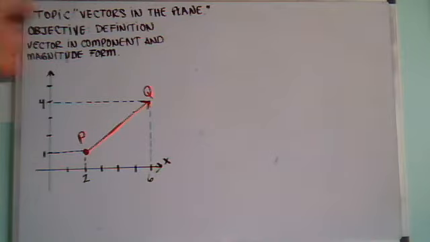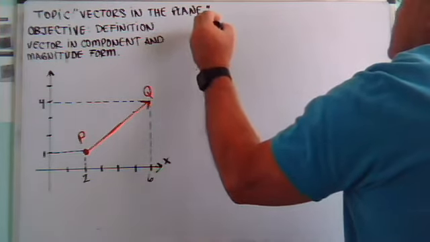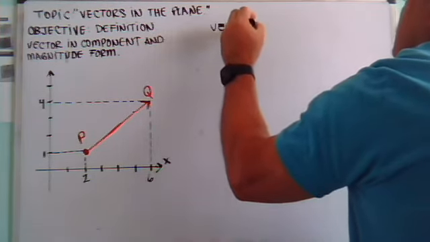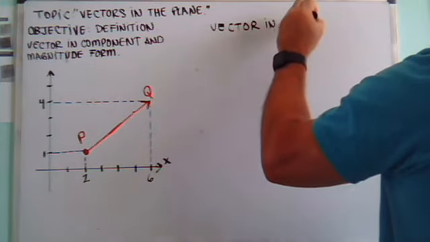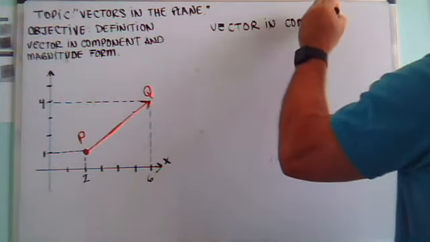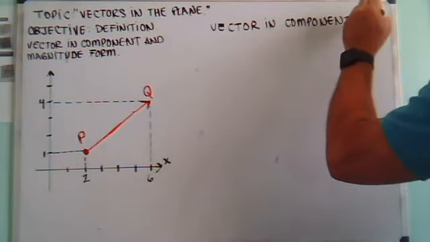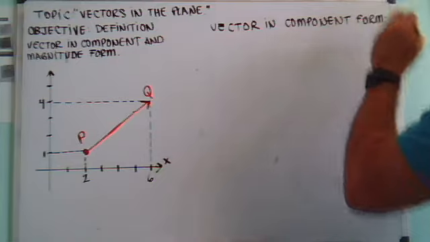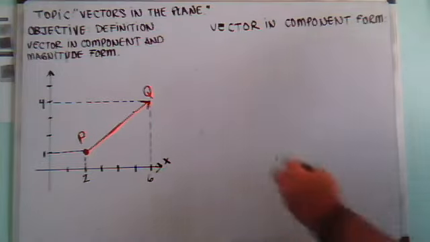Writing vectors in component form uses the coordinates of the initial point and the terminal point.